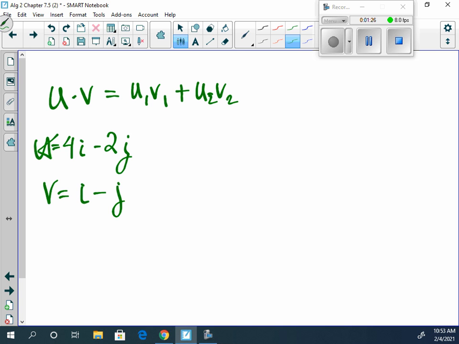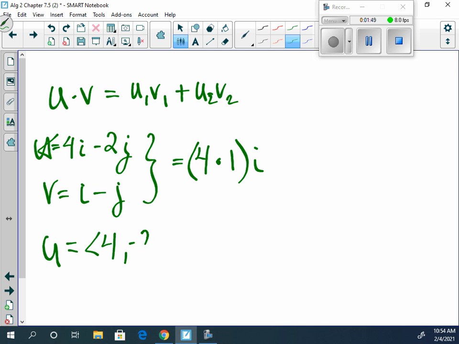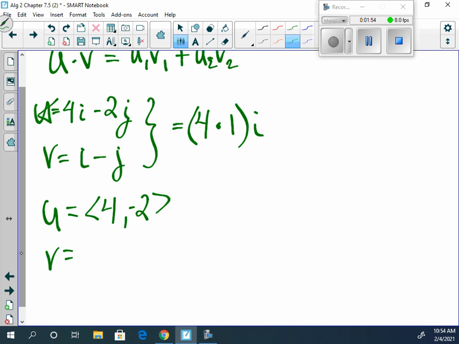So if we do this here, u1 is going to be 4 times 1, because we're having that first term. Really what we're looking at is u equal to 4 comma negative 2, and v in this case is 1 comma negative 1.